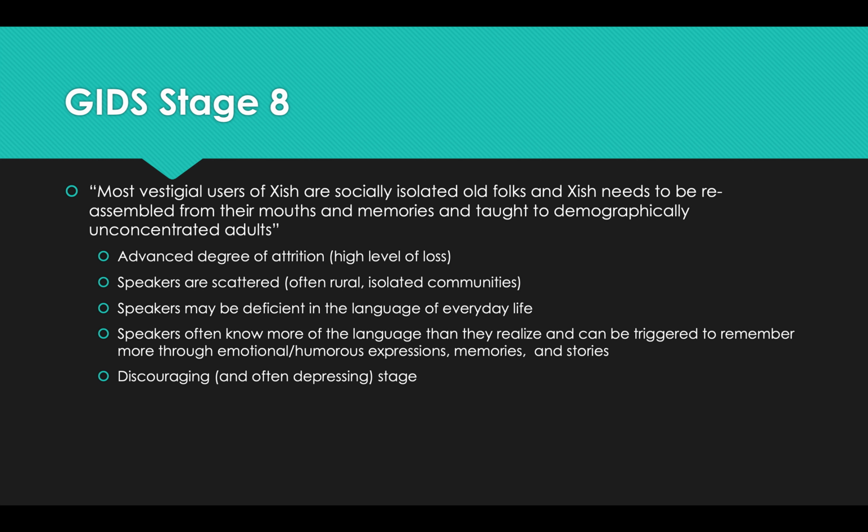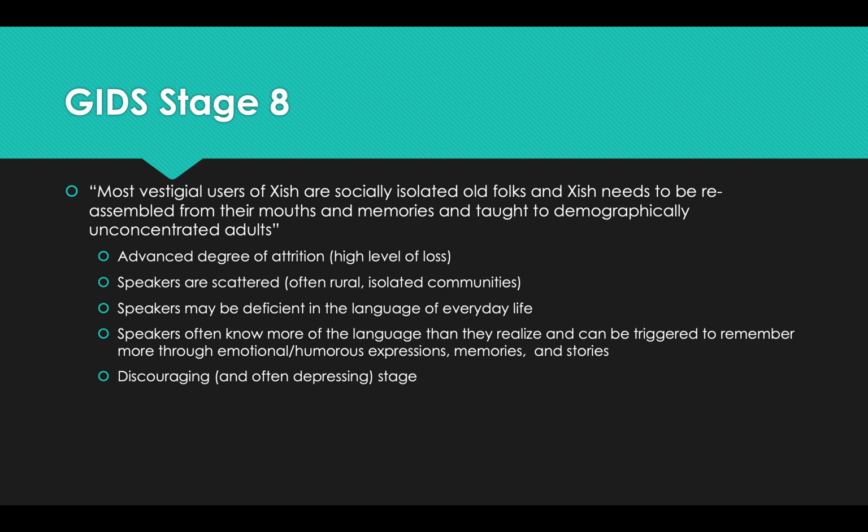So let's break this down. Vestigial users of this language are whatever is left, the remaining few users of this language, the people that know it. They may not be fluent, they may not remember a lot of things, but these are the last folks that spoke this language. They're socially isolated, so they don't have a community of speakers around them. They're old folks, and the language has to be reassembled from their mouths.